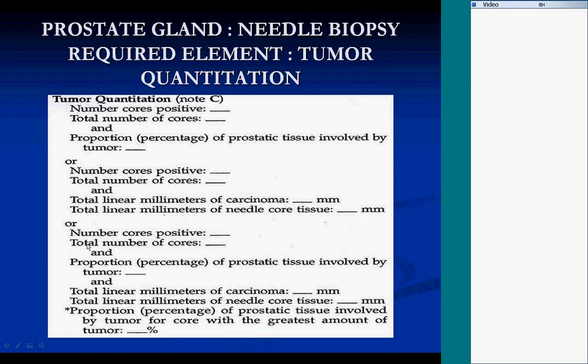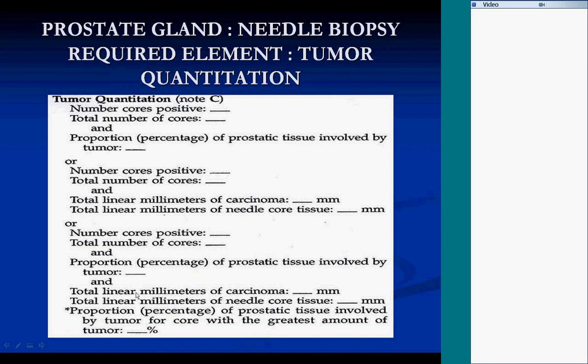So I report the number of cores positive out of the total number of cores, and again, this is by clinician, physician, radiologist-driven, site-specific containers, and a visual inspection estimate of the percentage of tissue involved by cancer, and you can do this in simple increments of less than 5%, 5%, and then 10, 20, 30%, and so on. It actually doesn't take much time.